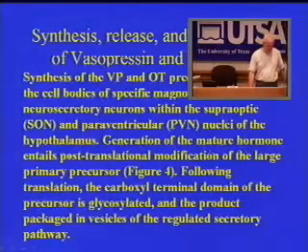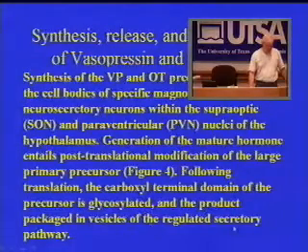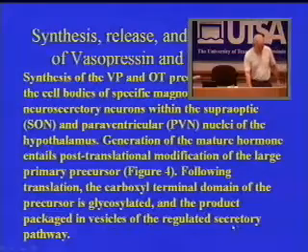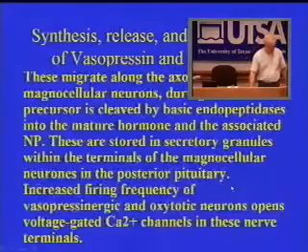And the generation of the mature hormone entails the post-translational modifications of the large primary precursor, as we had seen, and we'll look at in more detail in the next figure. After the translation, the carboxy terminal domain of the precursor is glycosylated, and the product is packaged in the vesicles of the regulated secretory pathway.